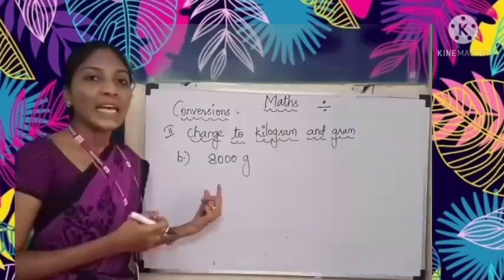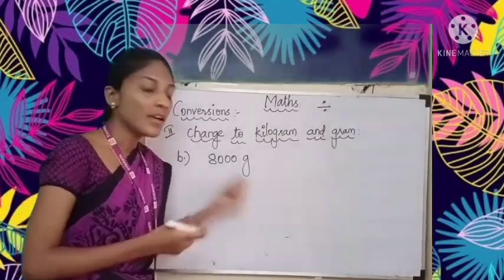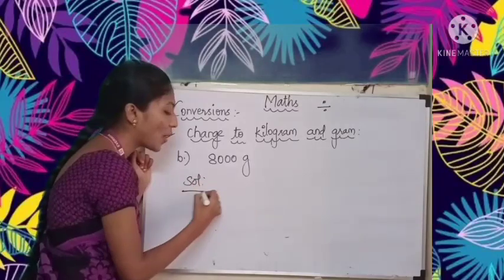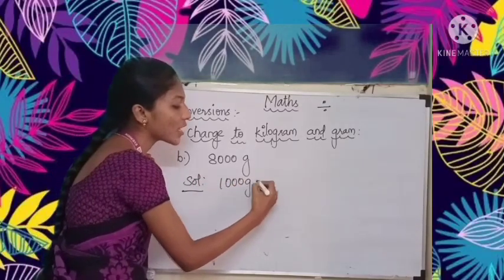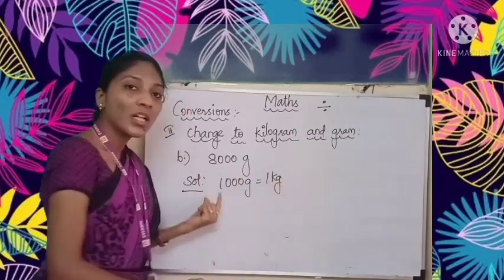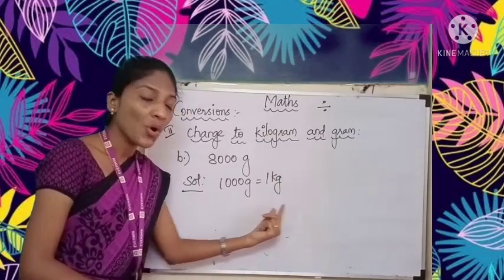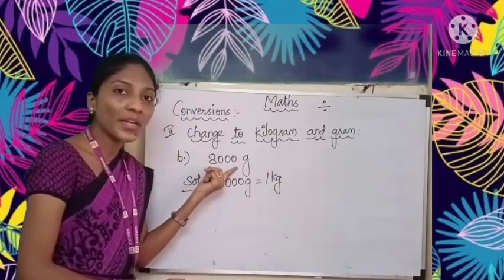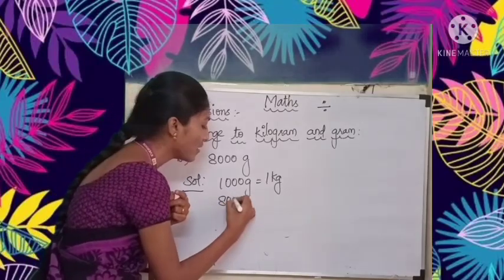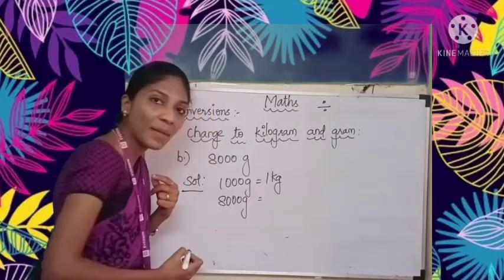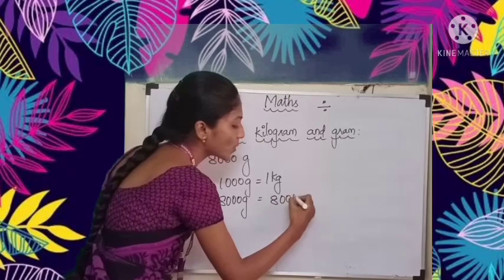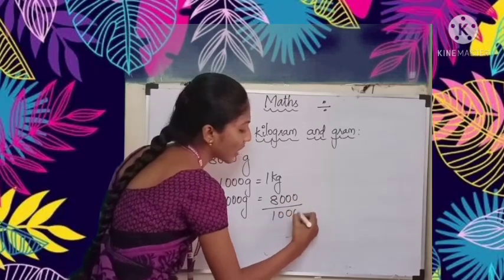Okay, children. Next question is 8000 gram. First write the formula. 1000 gram is equal to 1 kg. In the question, what is given? 8000 gram. So 8000 gram is equal to 8000 divided by 1000.